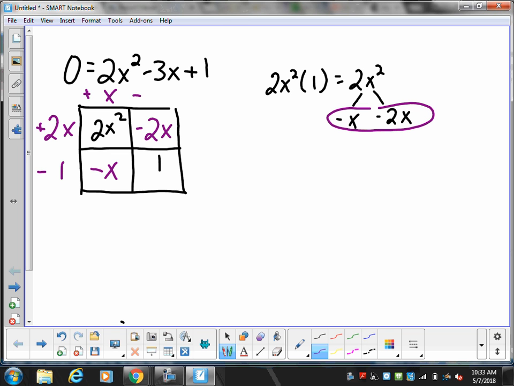Looking in this column, they both have a 1 in common. All right, so our factors. Down the column is 2x minus 1. Along the top is x minus 1. And we still have our equal 0 out there from the problem.